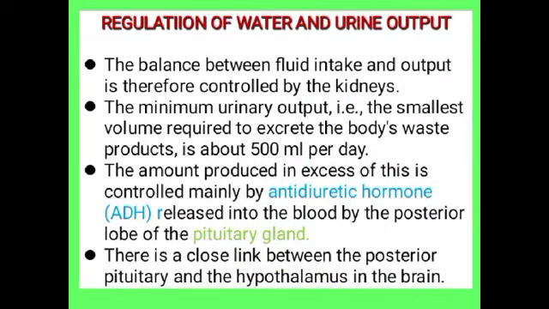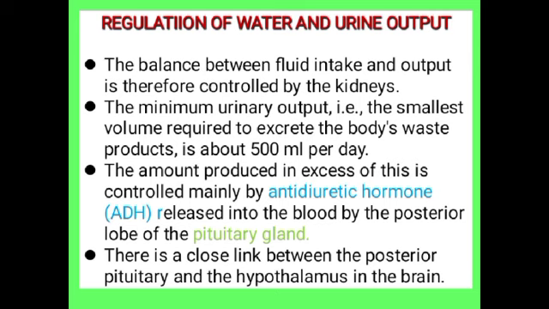So let's talk about the regulation of water and urine output as one of the functions of the kidney. How does the kidney actually help in the regulation of water, which is osmoregulation? The balance between fluid intake and output is controlled by the kidney.